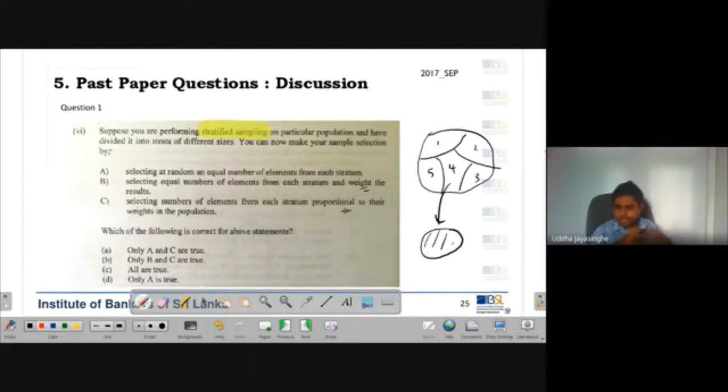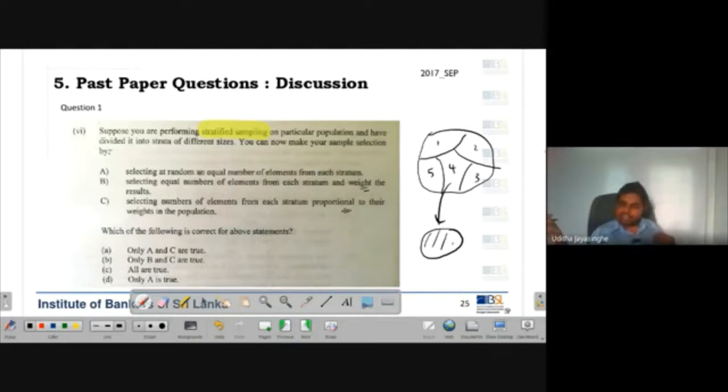The only issue is selecting a random or equal number of elements from each stratum. If you take an equal number from each stratum, some stratum will have a higher number of items. Let's say my first stratum has 10 items, and the second stratum has only 2 items.